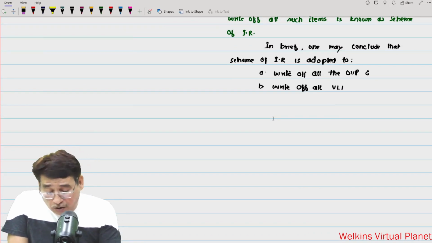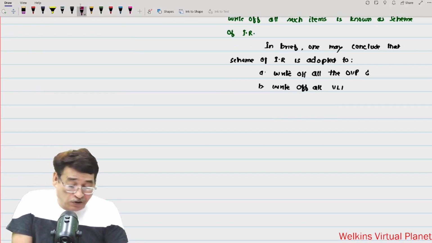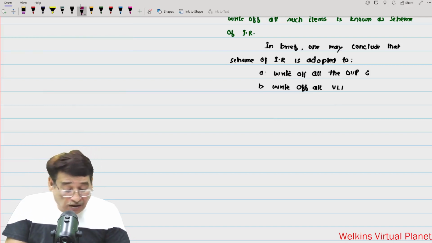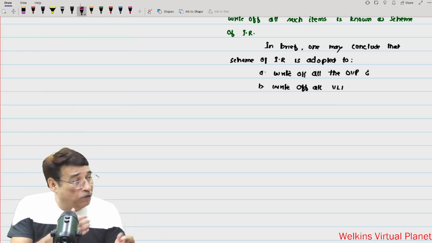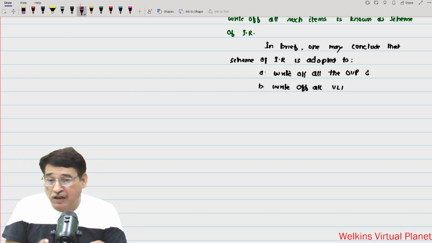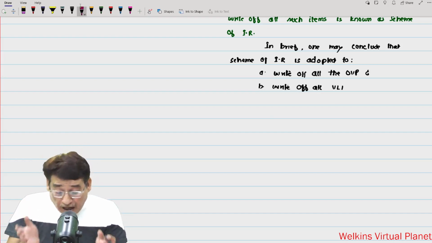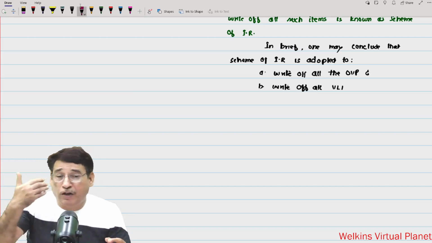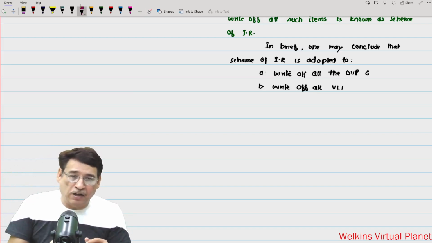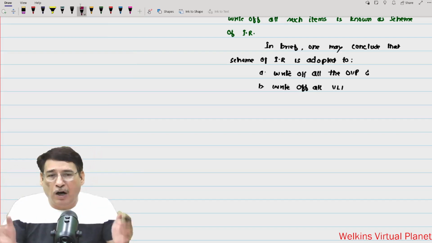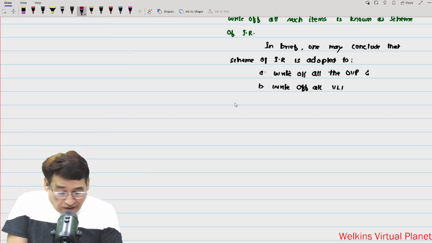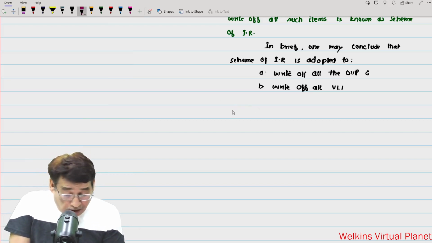Now, I also told you how we have to adopt the scheme of internal reconstruction. Under the scheme, I have already told you, various parties such as equity shareholders, debenture holders, preference shareholders, and if the need arises, even we try to persuade the creditors to waive a part of their contribution. So that is exactly what we are going to write next.